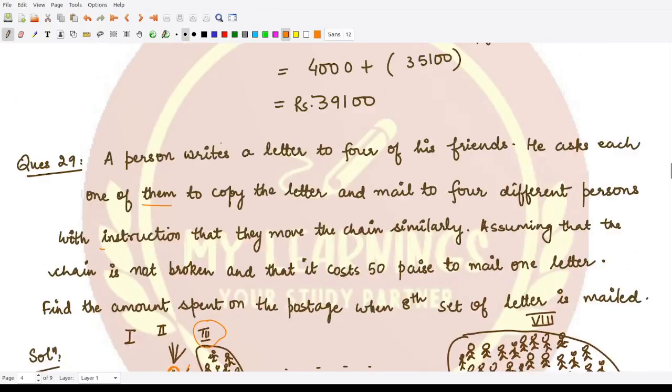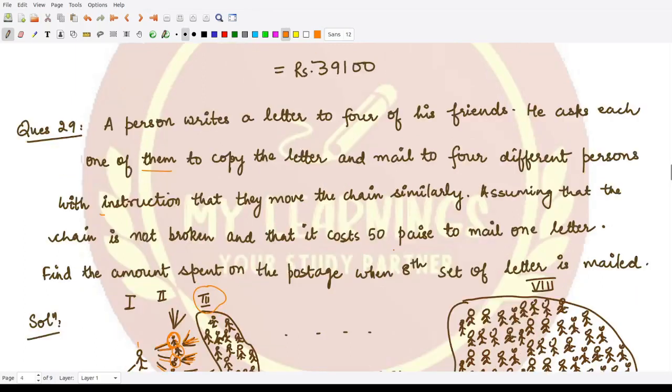So in the question they are saying, assuming that the chain is not broken, so each person is forwarding or mailing the letter to 4 persons ahead, and you have to assume that the cost is 50 paisa to mail one letter, correct?